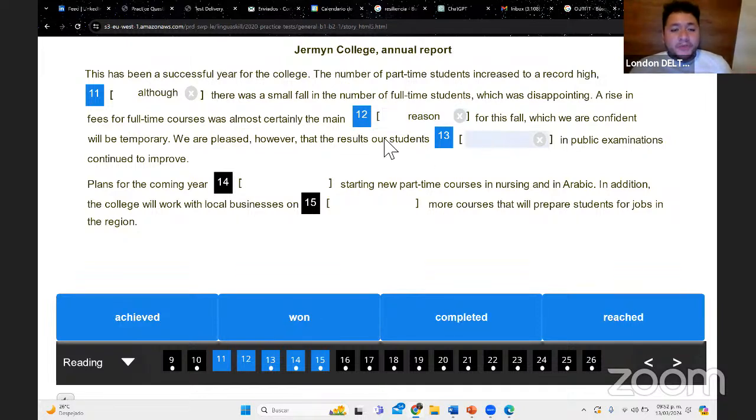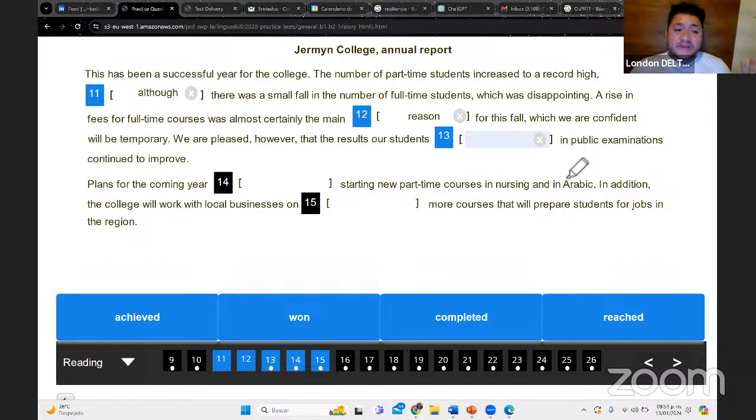Now, we have our students achieved, won, completed, or reached. This is a vocabulary question. Es una pregunta de vocabulario. This is related to public examinations. This is close. Esto es como lo que hablamos de las collocations. Okay, como con el de pay attention is the same thing. What is the best thing to use with public examinations?